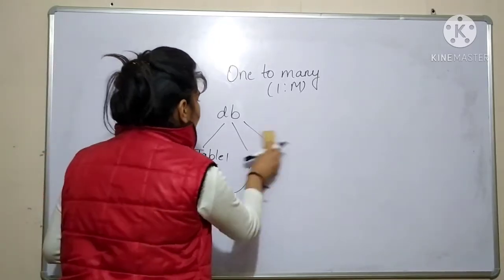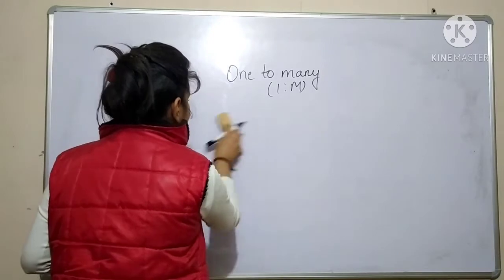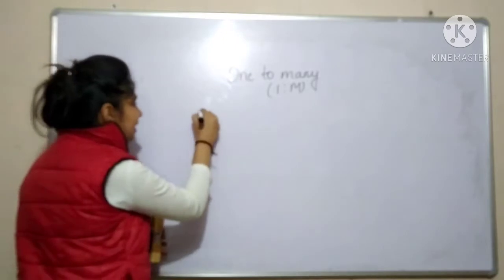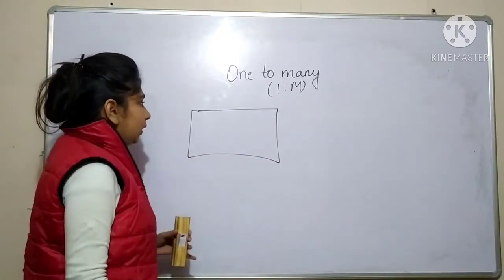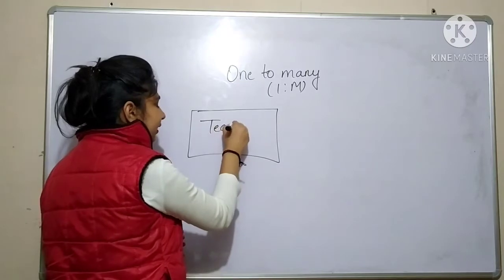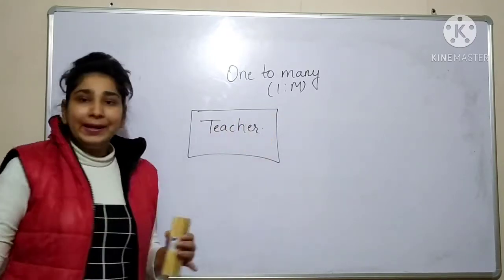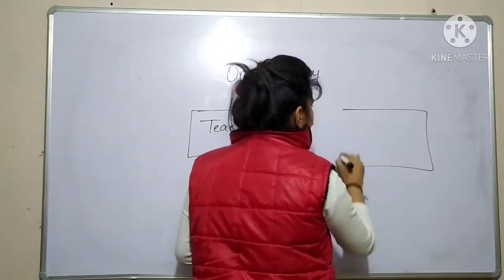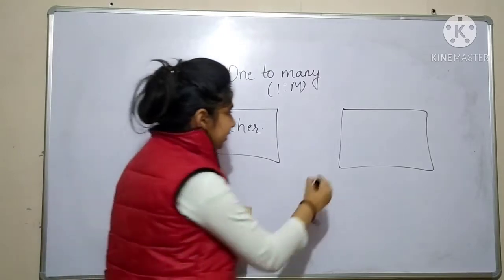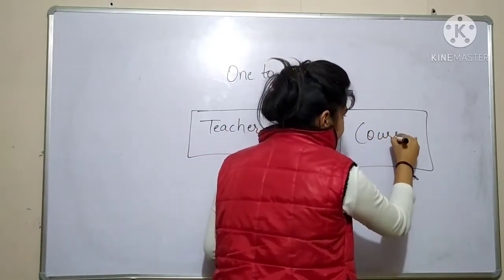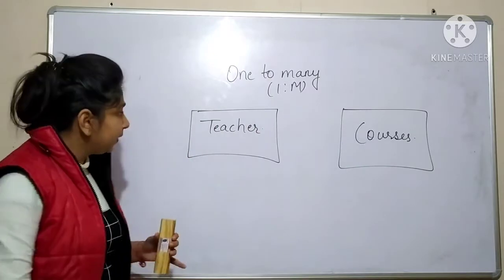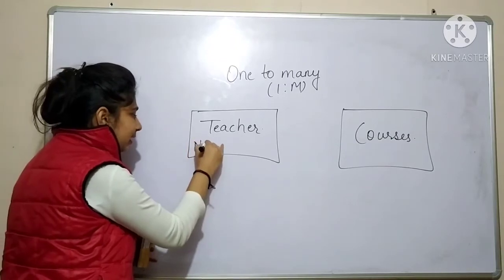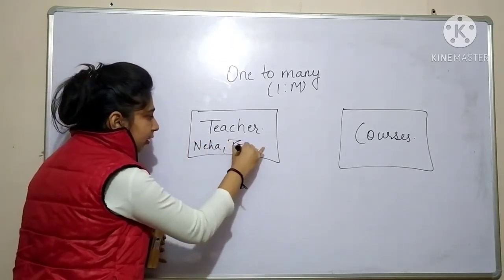Now let me tell you about the one-to-many relationship. Let's consider one example. We have one entity, teacher, and one entity, courses. Let's suppose we have teachers Neha and Pooja.